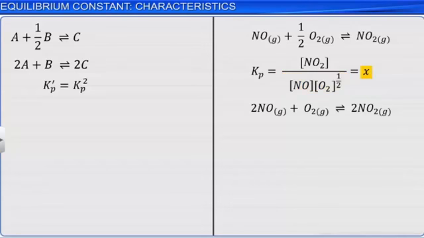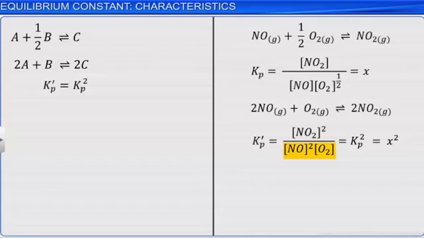The equilibrium constant for the reaction of 2 moles of gaseous nitric oxide and 1 mole of gaseous oxygen combining reversibly to form 2 moles of gaseous nitrogen dioxide may be written as Kp dash is equal to the concentration of nitrogen dioxide raised to the power of 2 divided by the product of the concentrations of nitric oxide raised to the power of 2 and the concentration of oxygen, which is equal to Kp square, which is equal to x square.